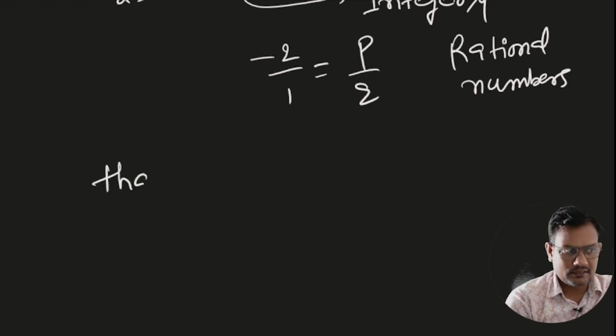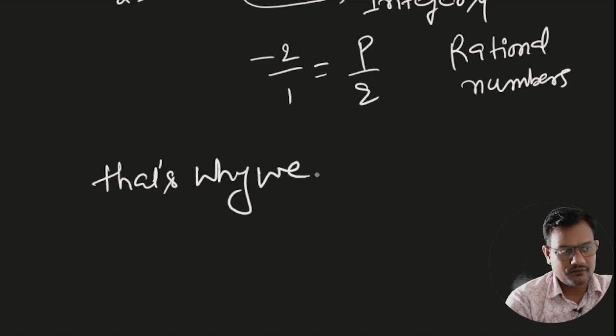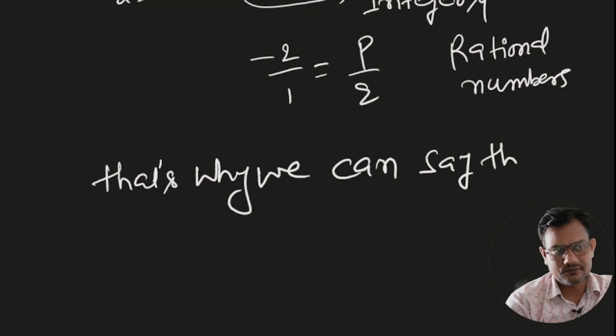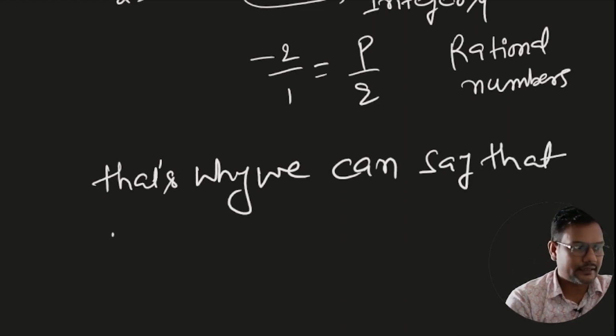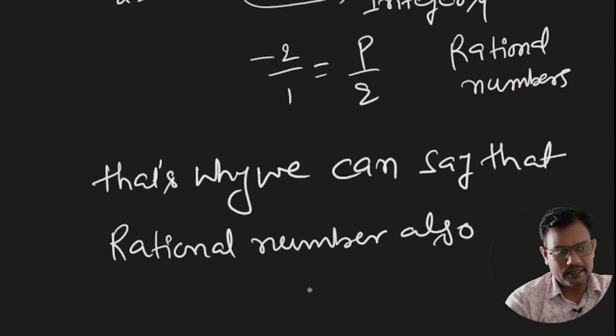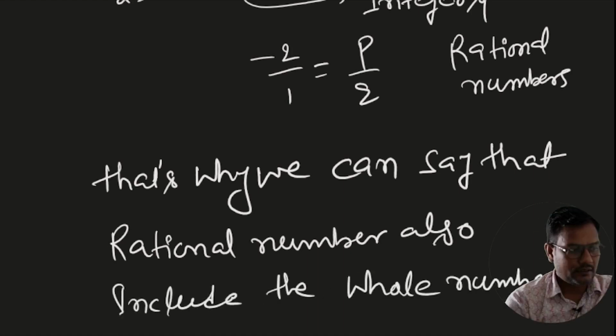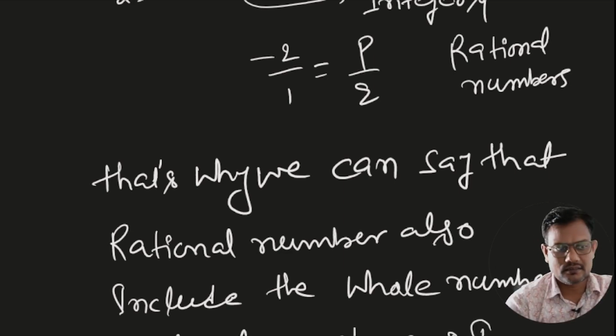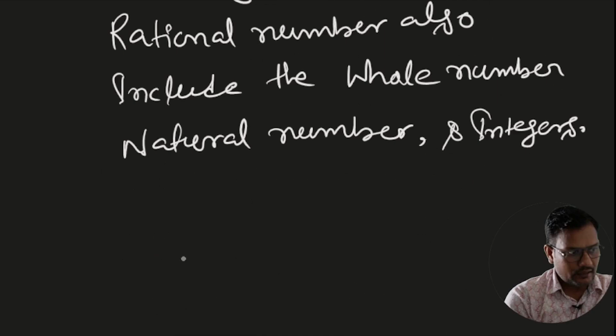That's why we can say that rational numbers also include the whole numbers, natural numbers and integers, right.